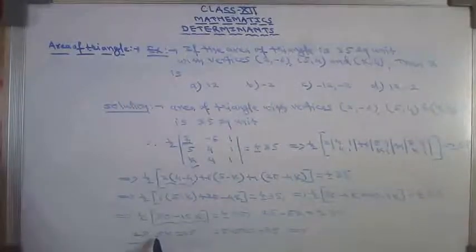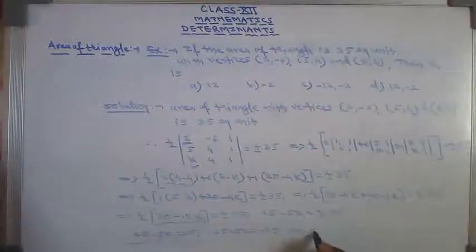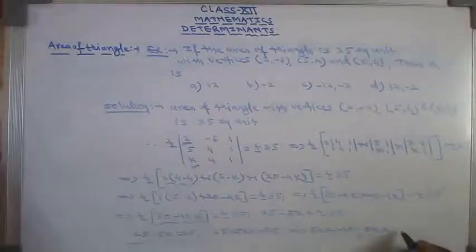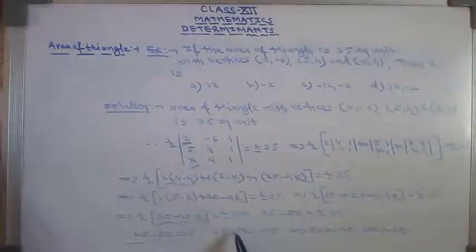This implies minus 5k equals 10, or 5k equal to minus 10. And here, taking minus 5k to the right hand side, 5k equals 60.